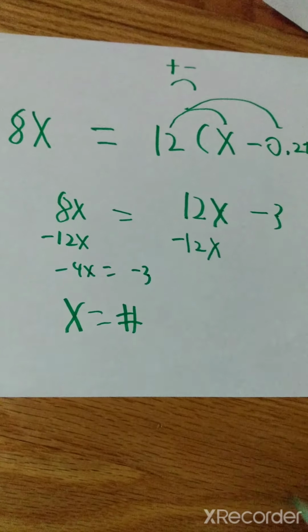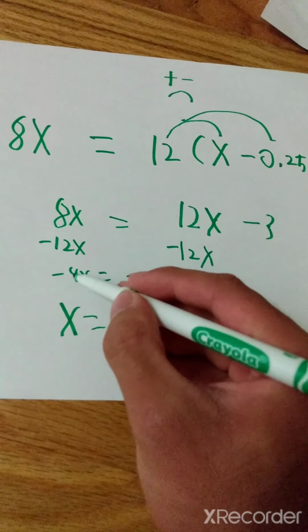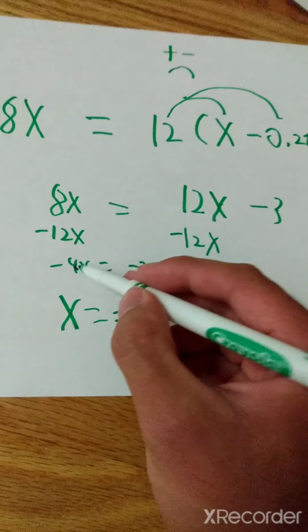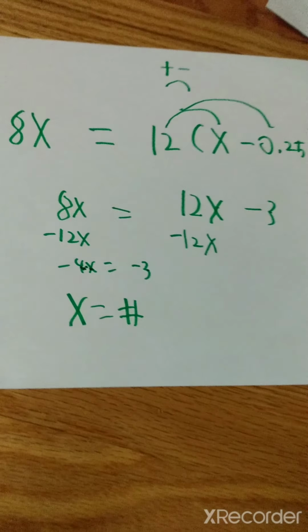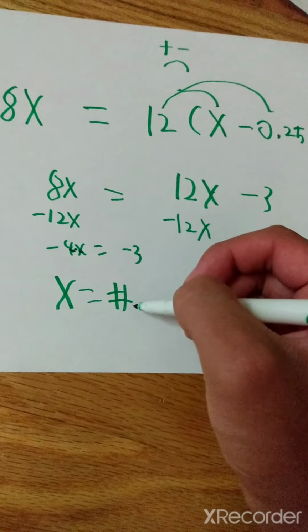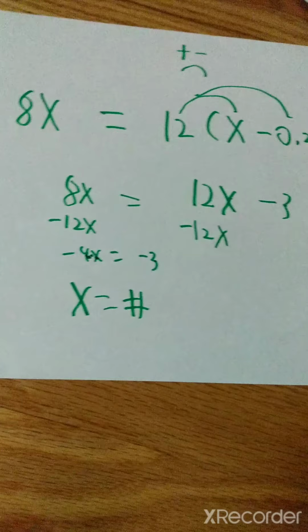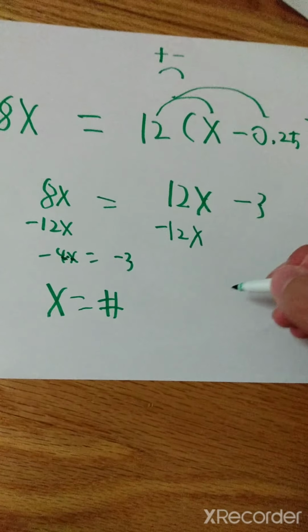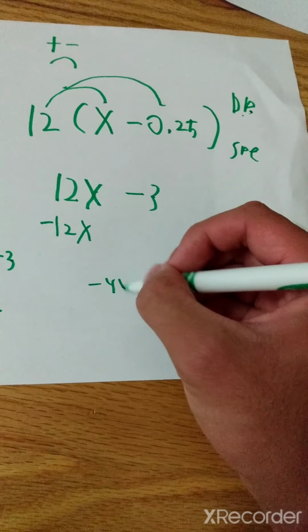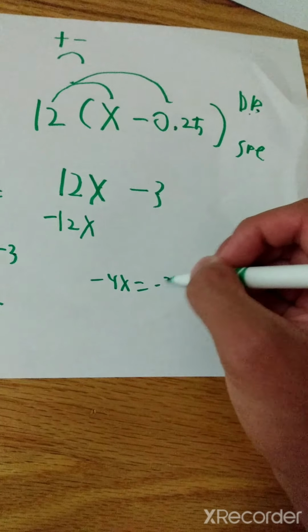But wait, the numbers also count, because the x wants to be alone. That coefficient of negative 4 shouldn't be there either. It has to be x equals a number, not a coefficient with x. It's not fully simplified. So we have negative 4x equals negative 3.